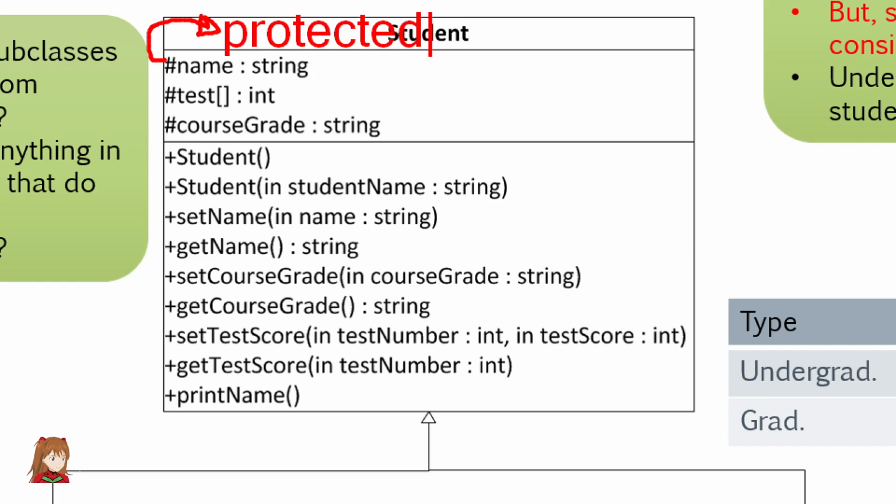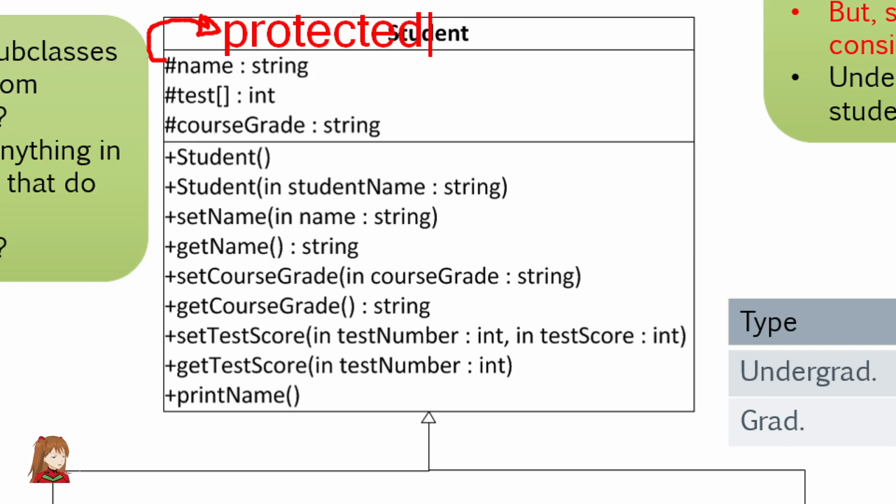Okay? The protected access modifier is to define variables or methods that can be directly accessed from its subclass. Okay? So a subclass can do object name dot name, object name dot test, object name dot course grade directly.